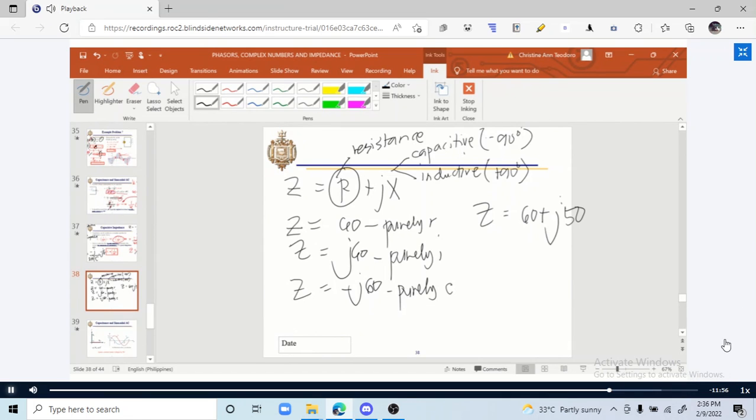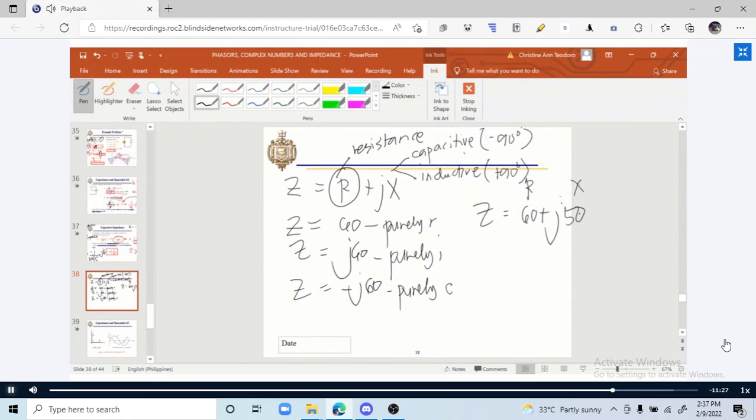Not purely, but is it capacitive or inductive? Basically, this is not purely. Okay? It is a combination. My Z is a combination of what? What are the loads that compose my impedance then? Inductance and resistance. Very good.